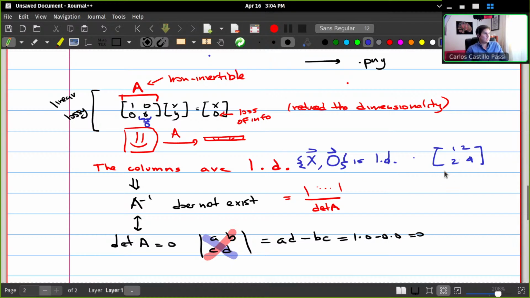So in this case, the inverse of the matrix does not exist, being A equal to this. So everything clear? Yes.